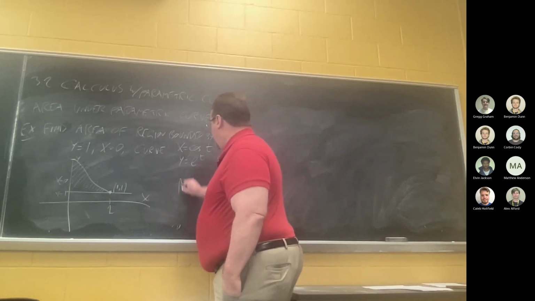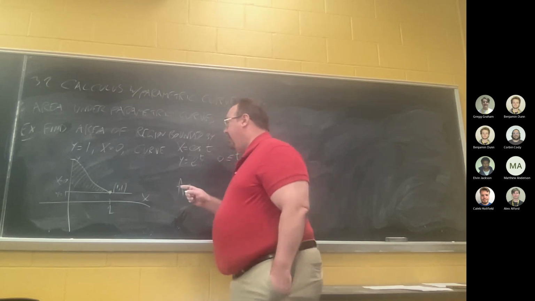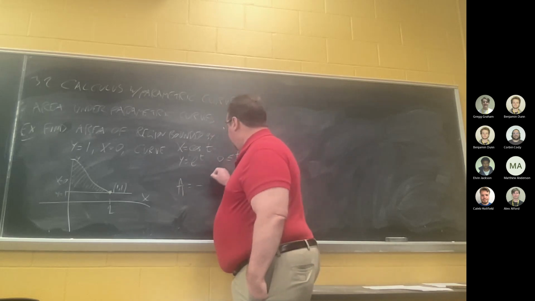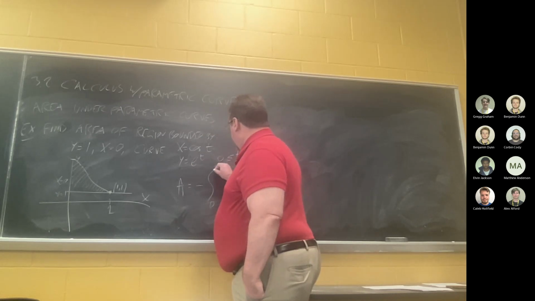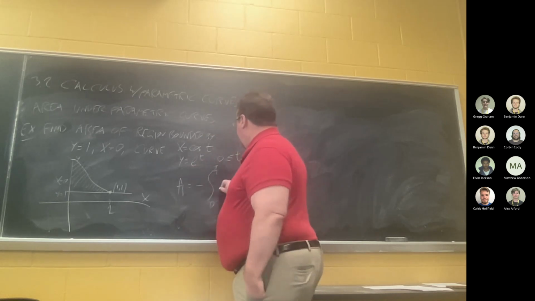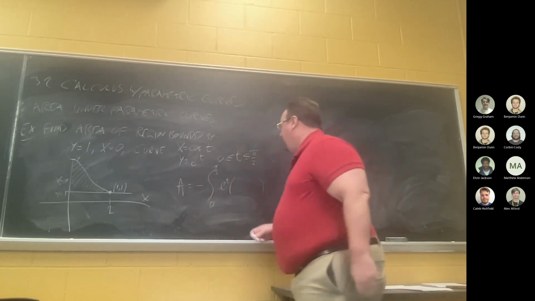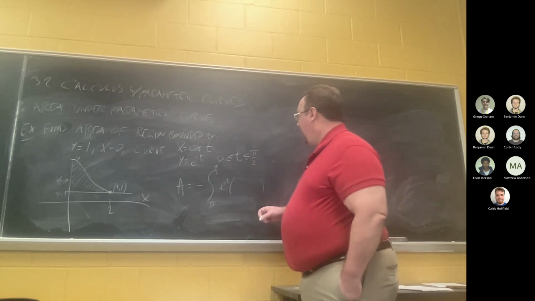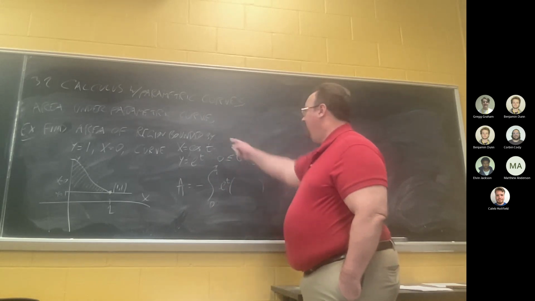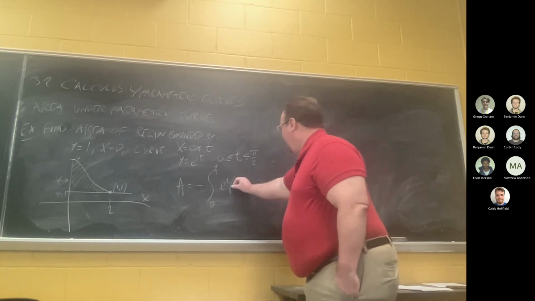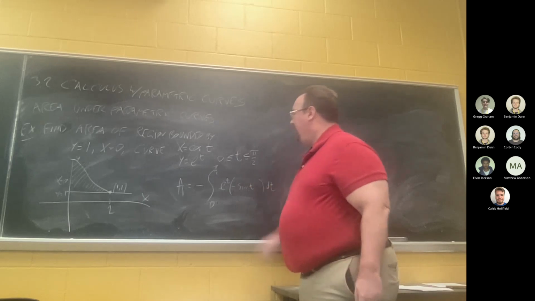Now, because we're going from right to left, we're going to use the second formula from before, the minus the integral from 0 to pi over 2 of y times dx dt, which is what? Negative sine t.